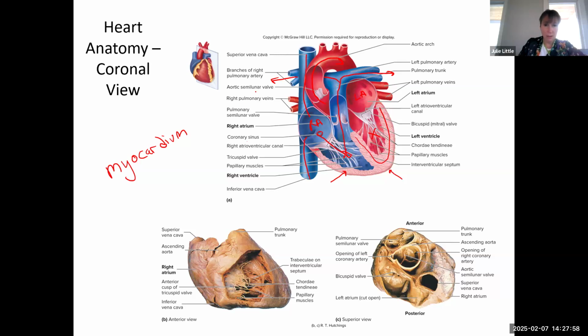Once oxygen is picked up, the oxygenated blood goes back from the right lung to the right pulmonary veins, from the left lung to the left pulmonary veins, and those go into this left atrium. That blood goes from the left atrium down to the left ventricle, and then when it pumps, the left ventricle sends it out to the entire body. That's blood flow through the heart.